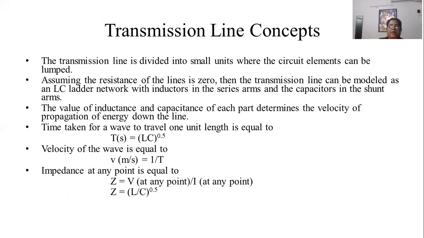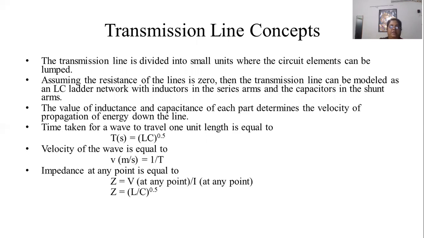The values of inductance and capacitance of each part determine the velocity of propagation of energy down the line, where the time taken for a wave to travel one unit line is equal to T = (LC)^0.5.